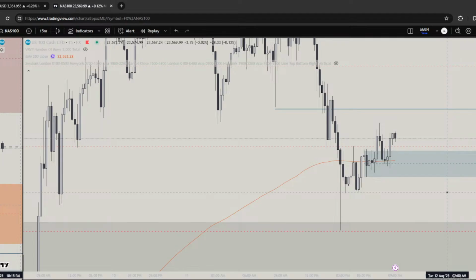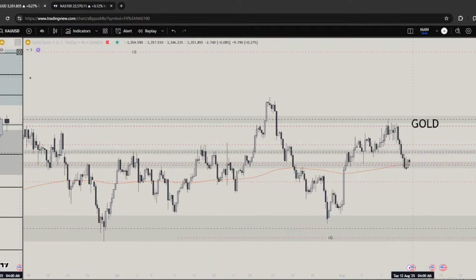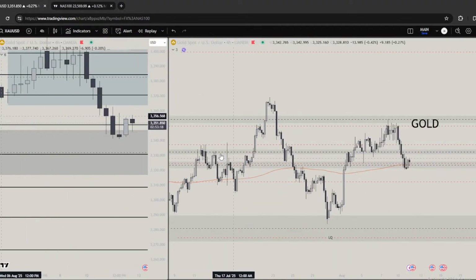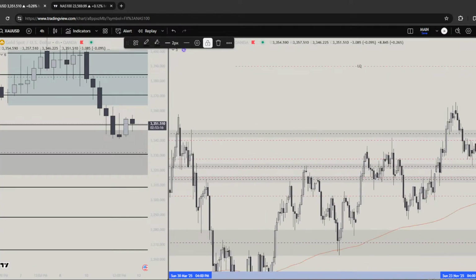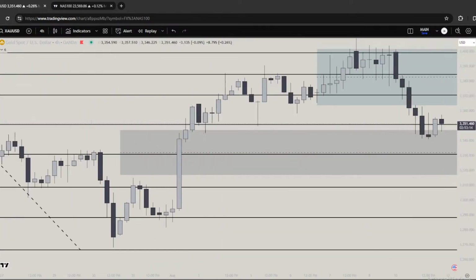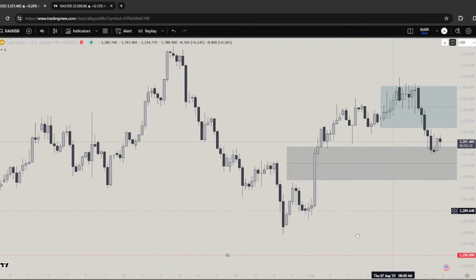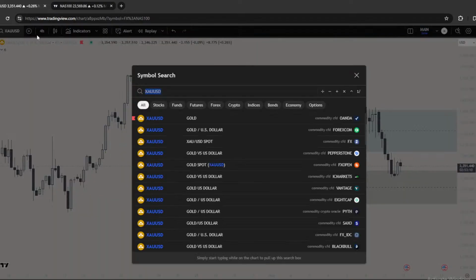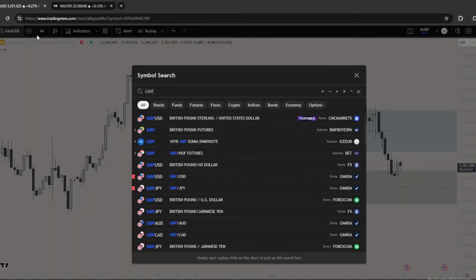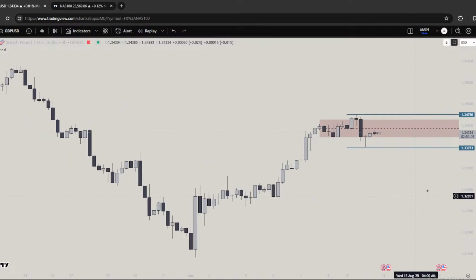There we go, GBP. The GBP is finally dropping. Yes, sir. It's like one trade goes green, the other one goes red, then the other goes green and the other goes red. Come on now, I just need them all to turn into profit.